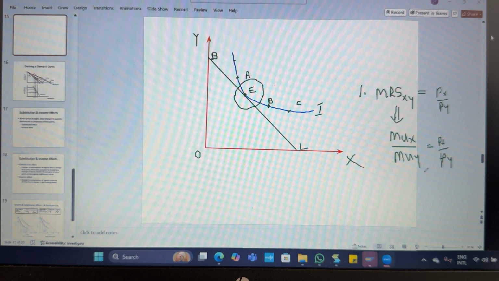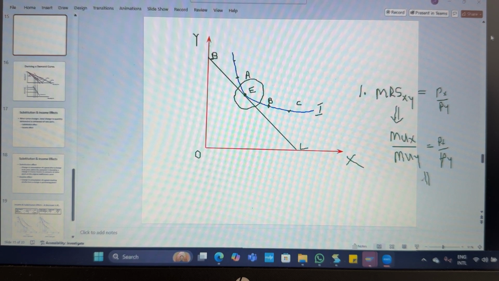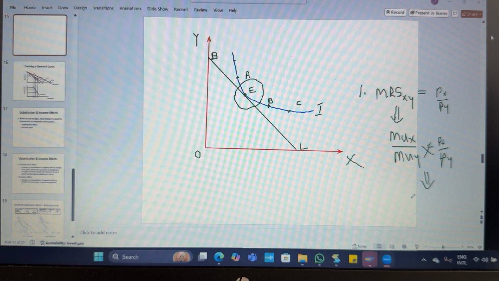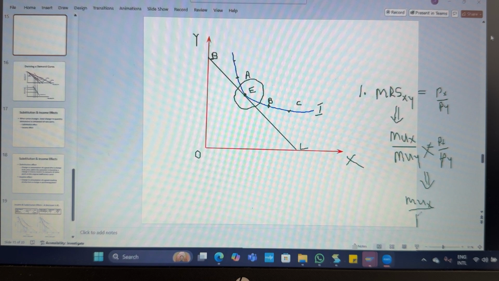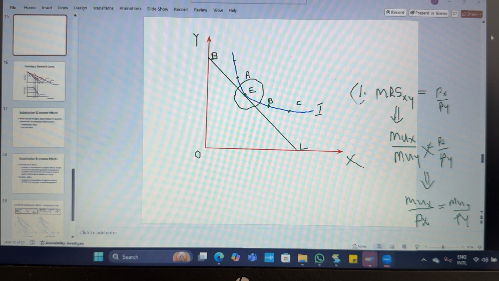This can be rewritten in this way as well by cross multiplying these two. Then you can write MUx divided by Px equals MUy divided by Py. This is condition number one.